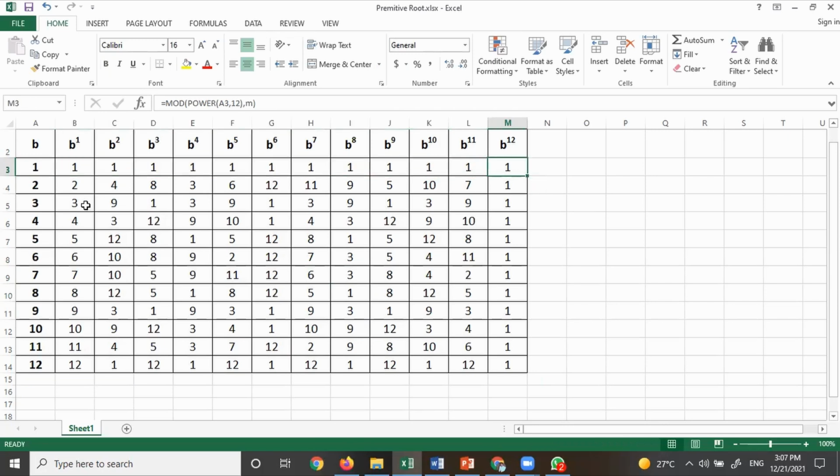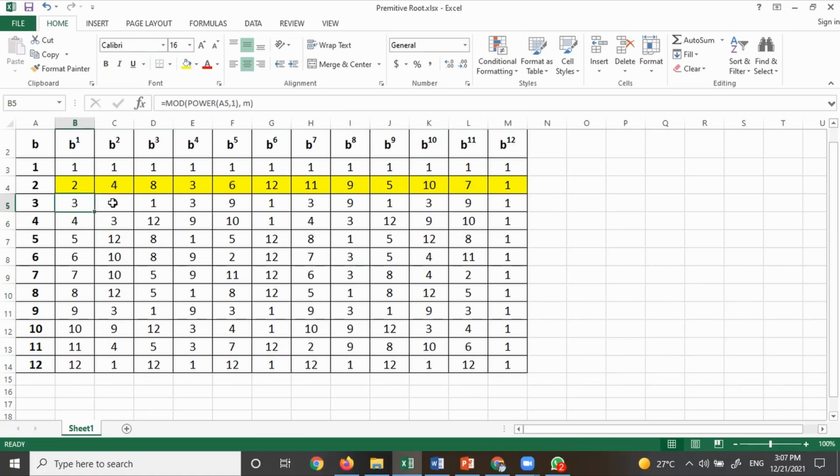For 2, is there any value getting repeated? No, there is no value getting repeated here, right?